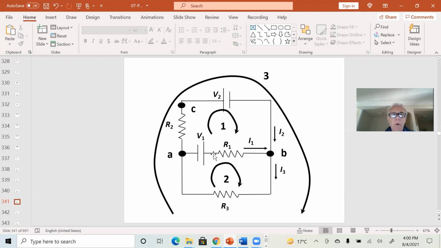And I have to put another point here between this resistor 1 and the power supply V1. Those are not necessarily nodes, okay? They're just generic points along the circuit.